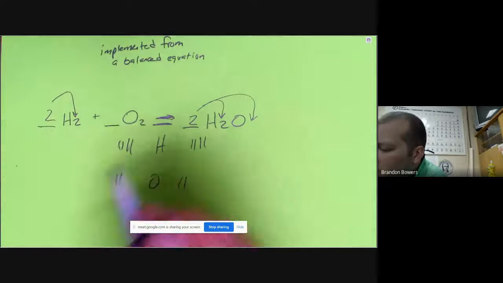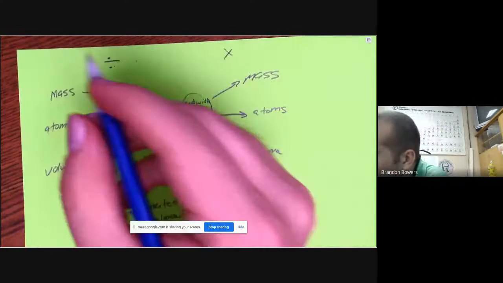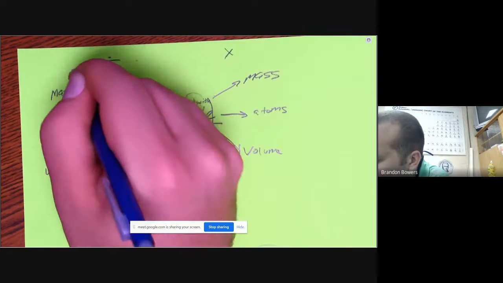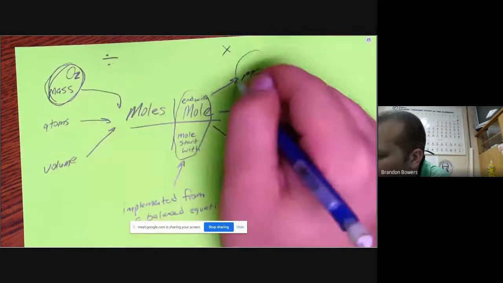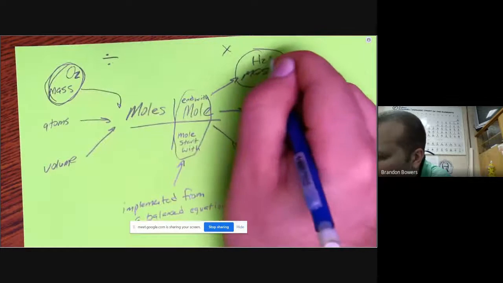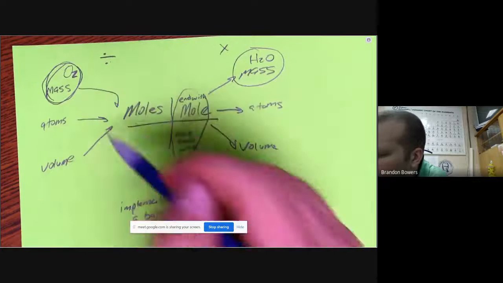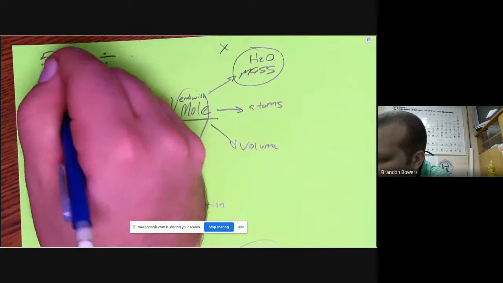So if a question says the mass of oxygen is something, and we're trying to solve for the mass of water, we've got to go through this route. Let's say the mass of oxygen is 50 grams.